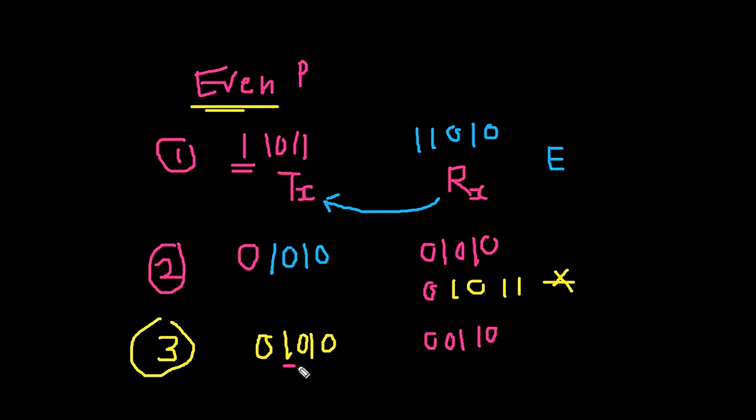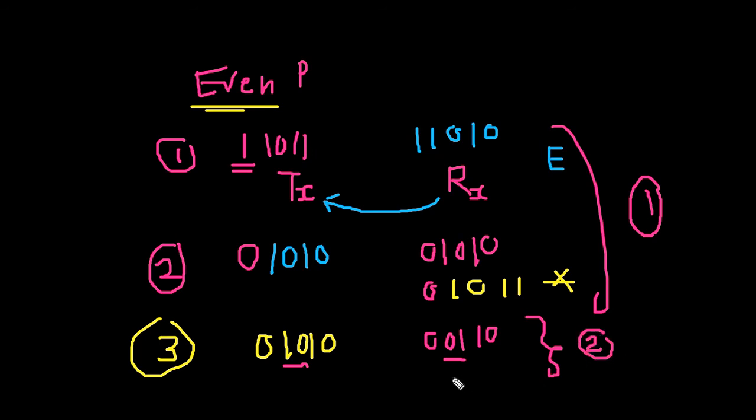How many bits are changed in the received data? 0 and 1. In the first and second examples, only one bit was changing. Here in this example, 2 bits are being changed.